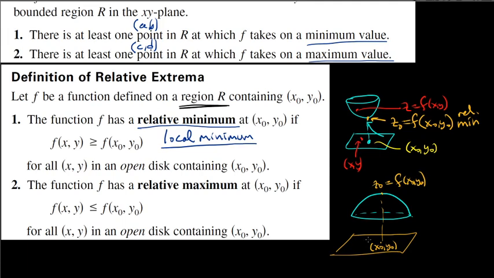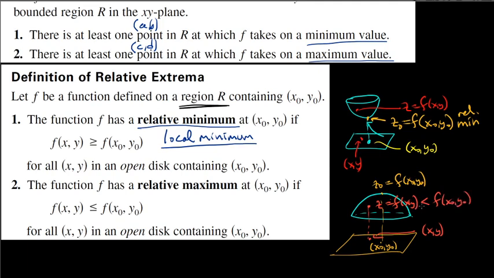So if I pick any other point nearby, not too far away, say x, y, and I go up to the surface, that z value will be lower than z0. So this z here, f of x, y, will be less than f of x0, y0.